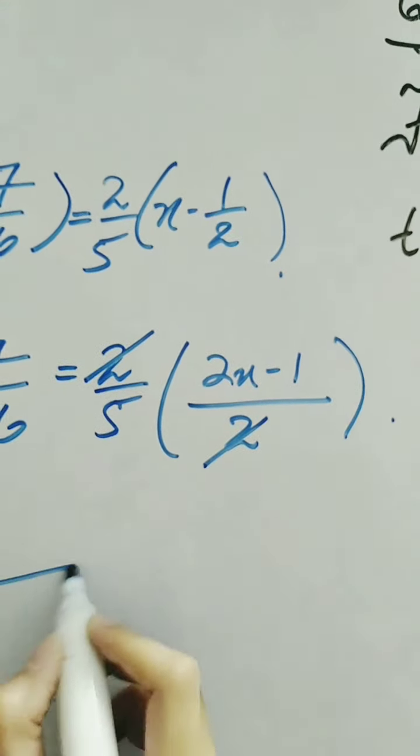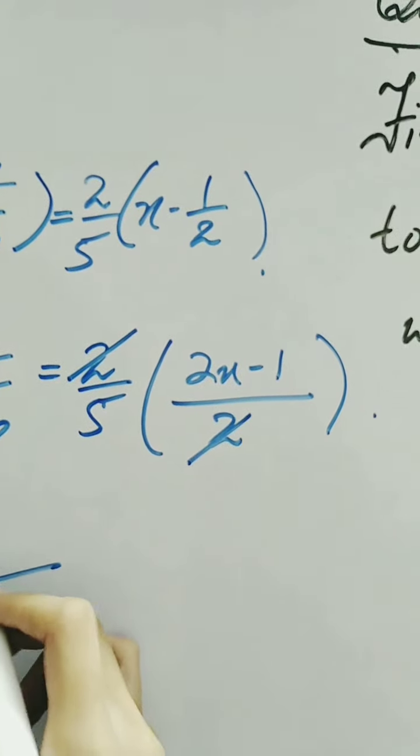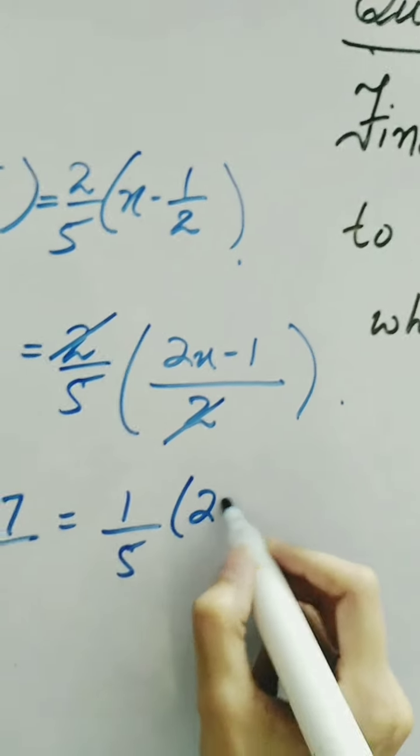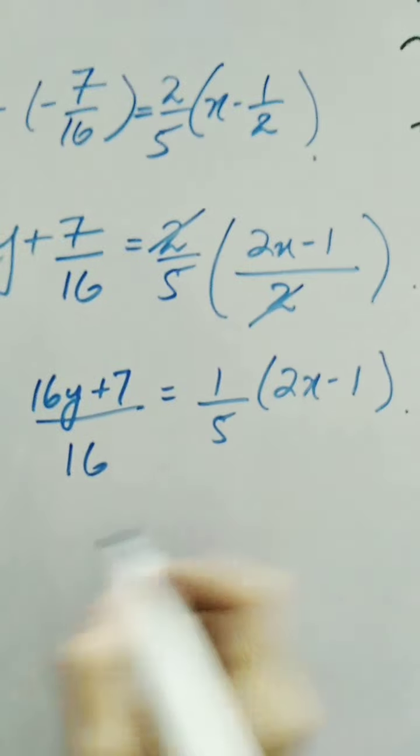Here we take the LCM and we will have 16y plus 7 equals 1 over 5 times 2x minus 1.